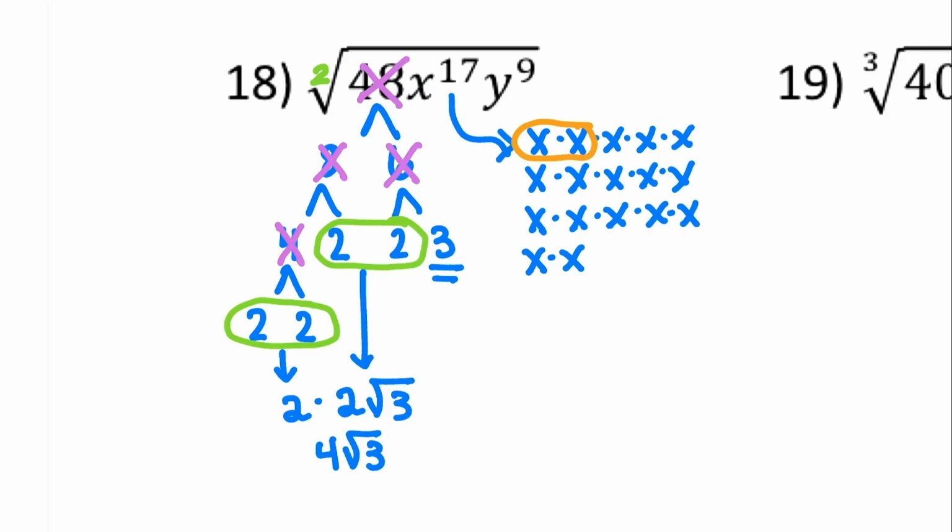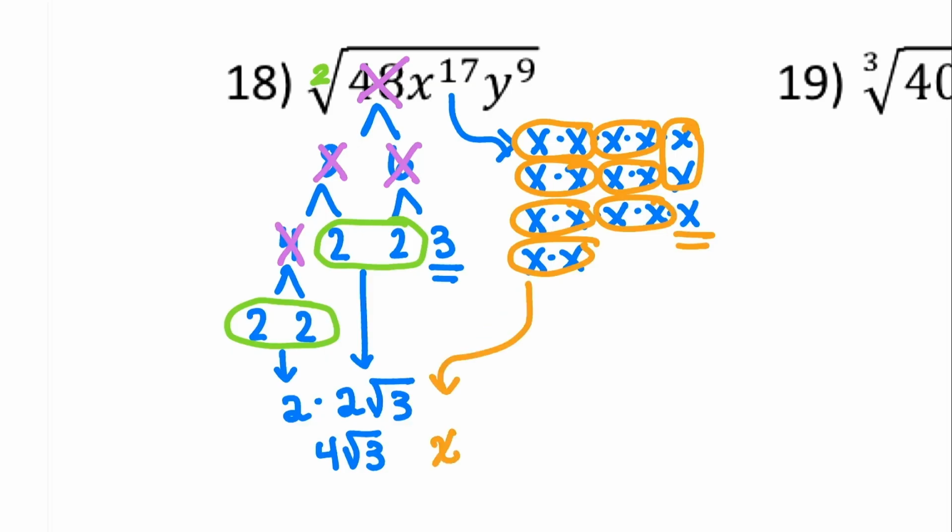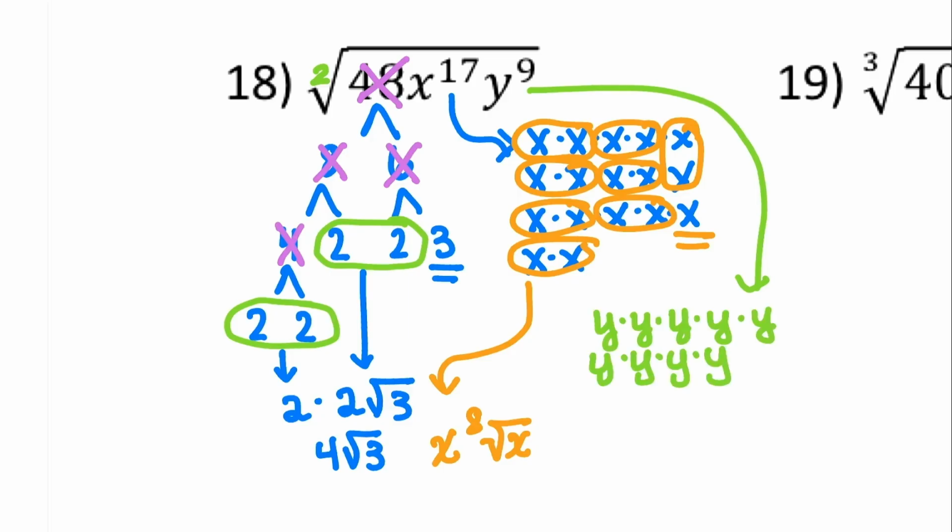So we have 1 group, 2 groups, 3 groups, 4, 5, 6, 7, 8, and we have 1 x left over. That means that this would simplify to x to the 8th with 1 x left inside. We're going to do the same thing for the 9. So here you can see that we have a pair of y's, 2, 3, 4 pairs of y's, and that means that we have y to the 4th.